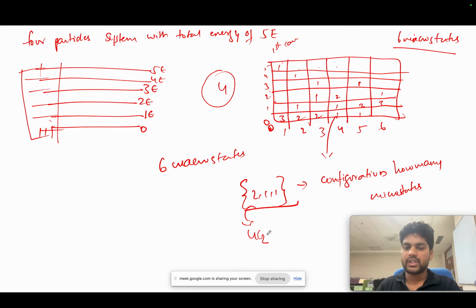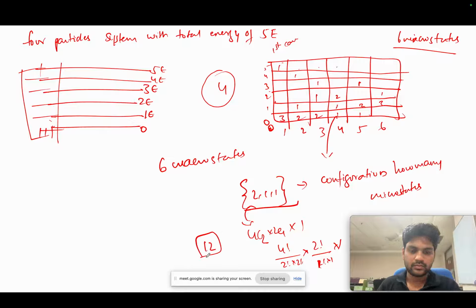You have two molecules, you take them in 2C1, and you can take only one molecule into 1. So it will be 4 factorial by 2 factorial into 2 factorial, into 2 factorial by 1 factorial into 1 factorial. So it will be 4 into 3 divided by 2, so 6 into 2, 12. Any doubts in this?